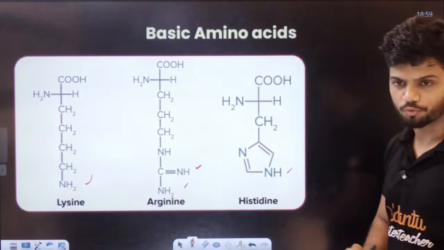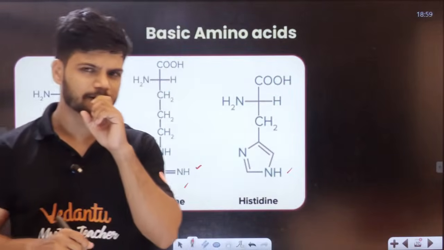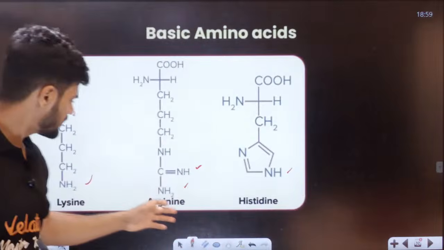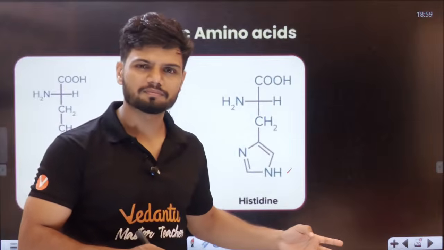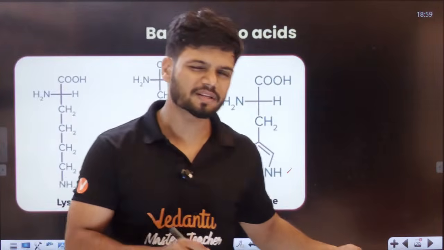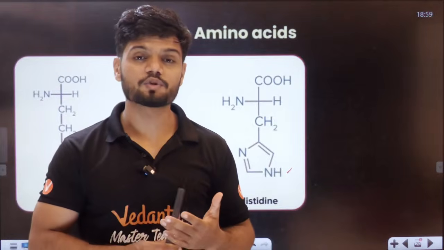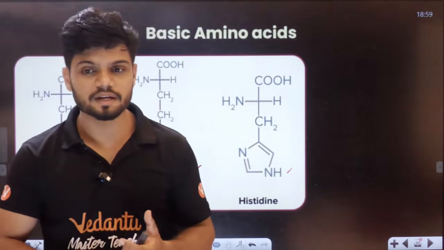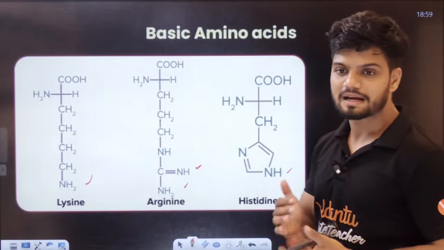Do all of you remember lysine and arginine? Lysine and arginine are present in your histone protein. In molecular basis you might have studied, students. Somewhere you have studied, right? Lysine and arginine are present where?